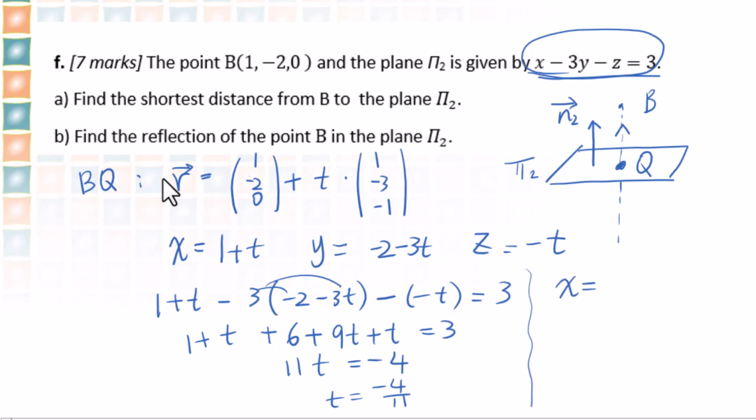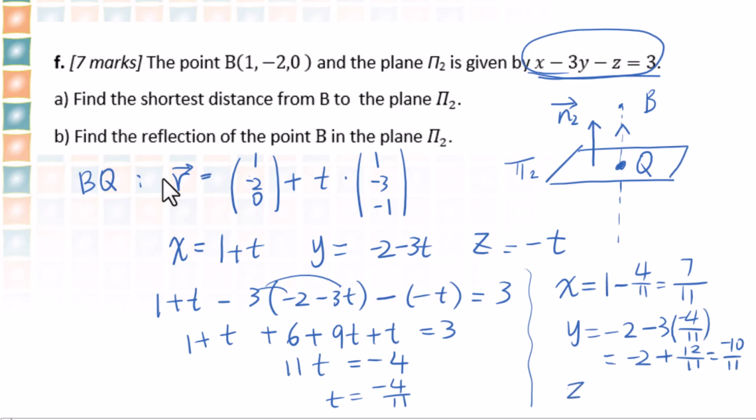We get x equals 1 minus 4 over 11, 7 over 11. y equals negative 2 minus 3 times negative 4 over 11, that equals negative 2 plus 12 over 11, equals negative 10 over 11. z equals 4 over 11.